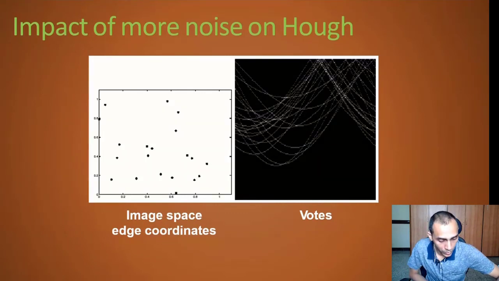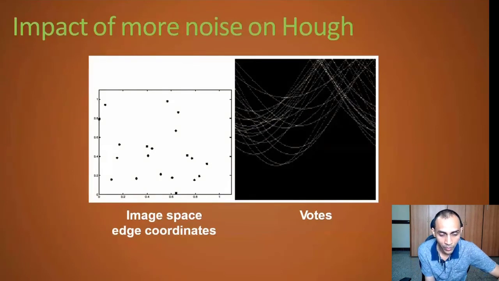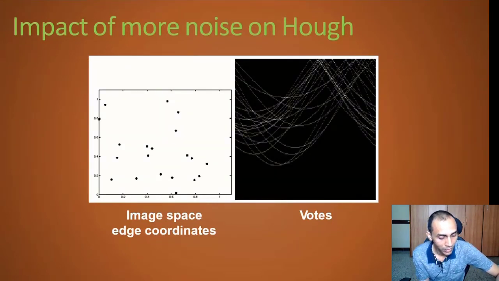There are two things to this actually. First of all, as you said, we are not doing it for the entire image. We are first doing edge detection, so we have already reduced our data points to very few points. And as we said, even if there may be a huge number of random points, they will not all vote for the same model. They will vote for some random models, some random straight lines.